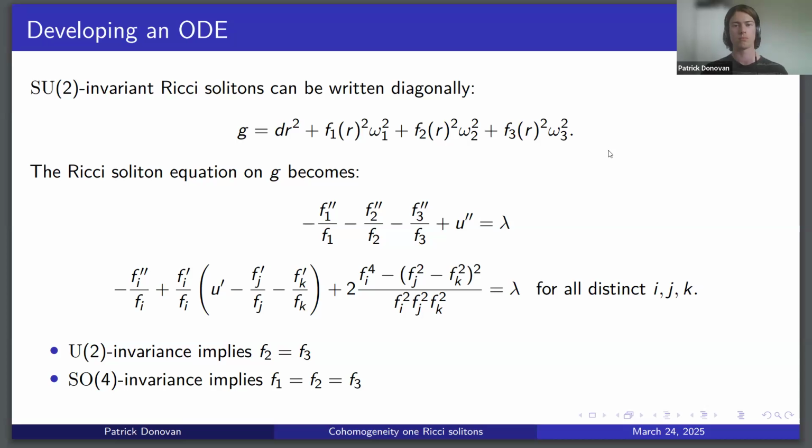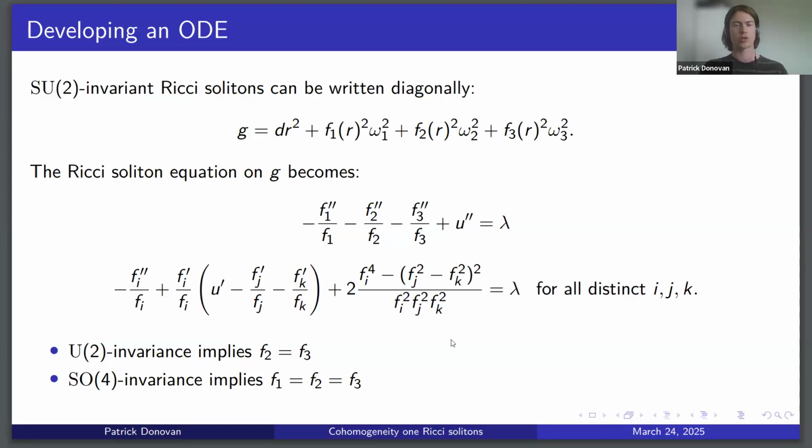So I have 4 functions and 1 variable. Great. This has reduced us a lot, and now we can hopefully understand these things. So here are my 4 equations, and 4 functions, a second order ODE. This thing still isn't very easy to do. It's quite hard to understand what these things are doing, but if we also assume we have more invariants, so a larger symmetry group, I can continue to reduce this.